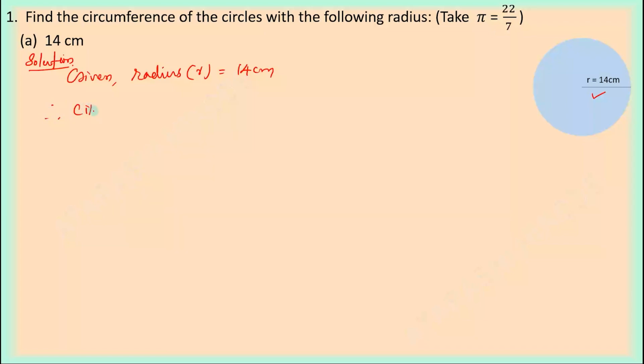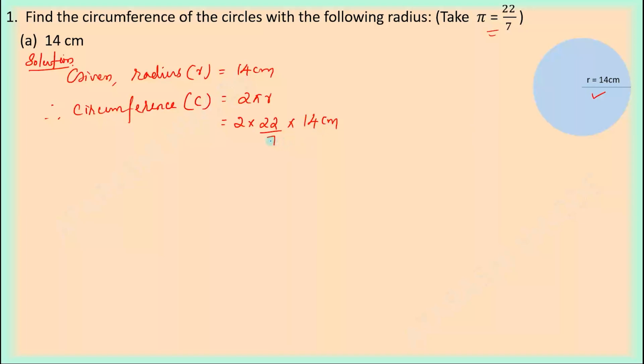Therefore, circumference C equal to 2 pi r. That is equal to 2 into, here pi is given 22 by 7. That is 22 divided by 7 into r is 14 centimeter.